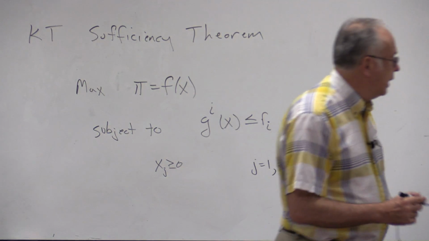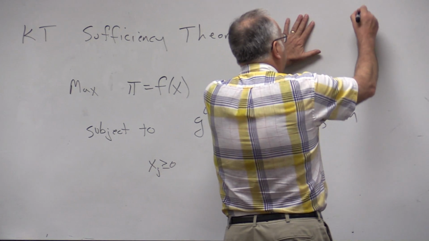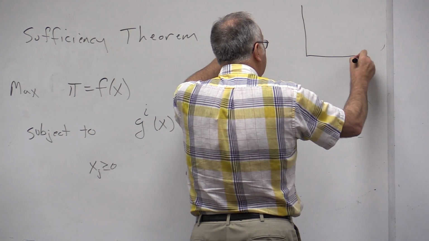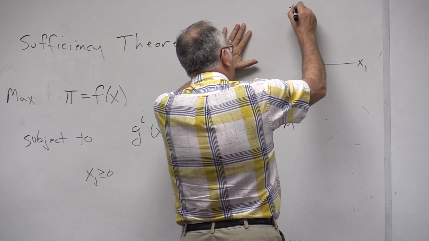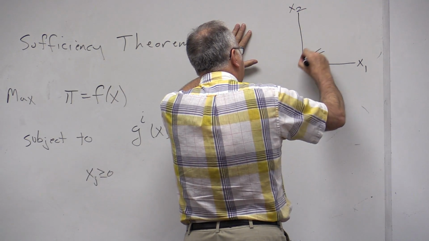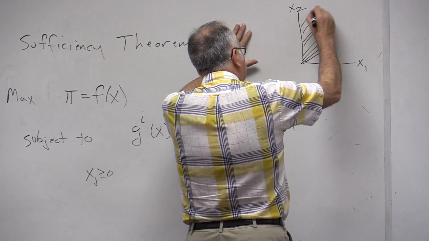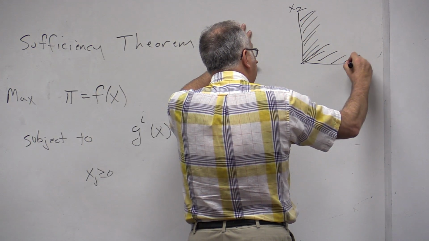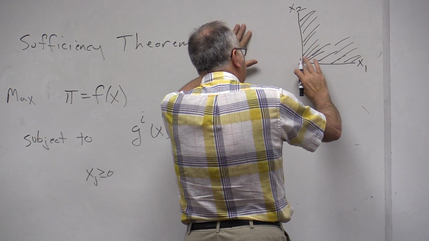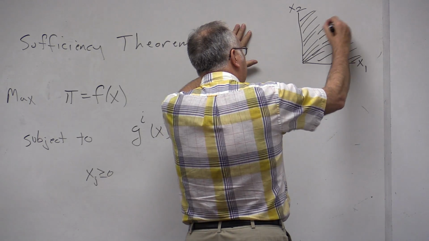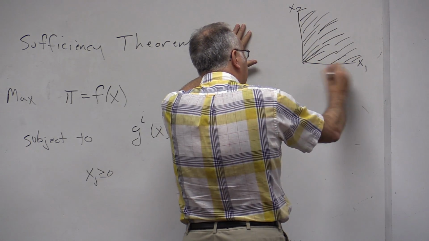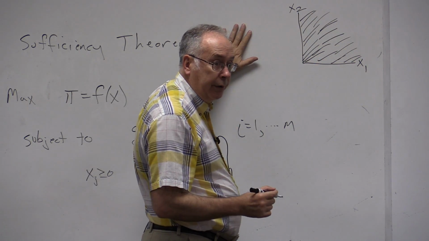If you just had two variables, x1 and x2, the non-negative orthant would be this area right here. In other words, x1 and x2 are both greater than or equal to 0.